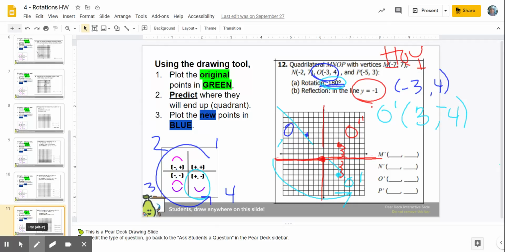I know it's hard to see my scribble on the screen, but if I take O prime, that light blue dot, and I raise it up 3, 1, 2, 3, I get to that orange line, or that red line. Then I go 3 more, 1, 2, 3, and I land at 3, 2. It's in quadrant 1, everything is positive. Okay. Hopefully that clears up a little bit.